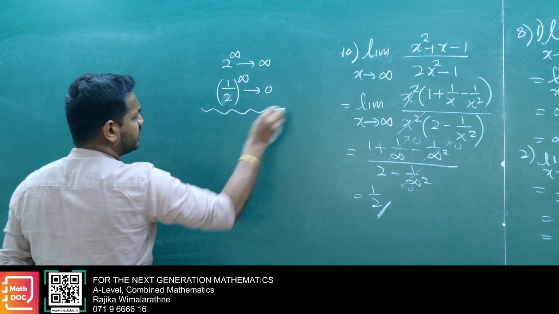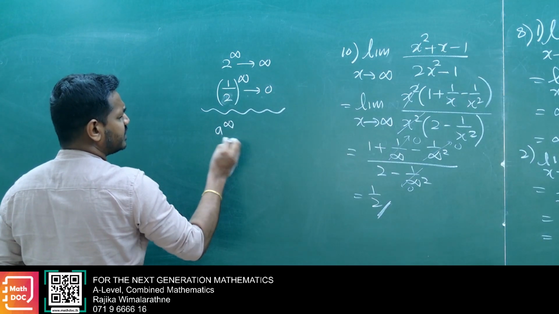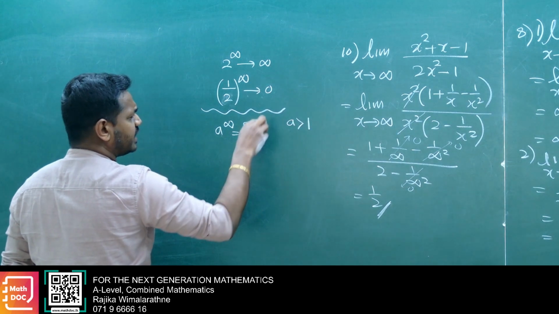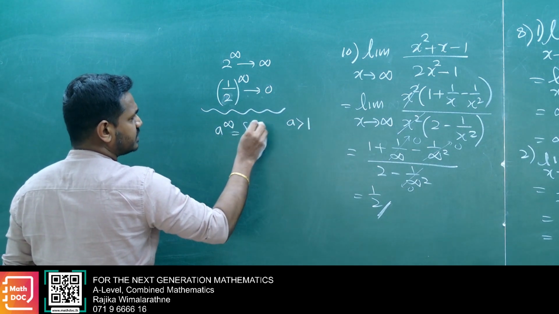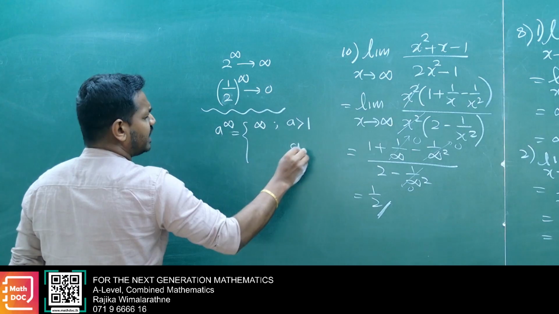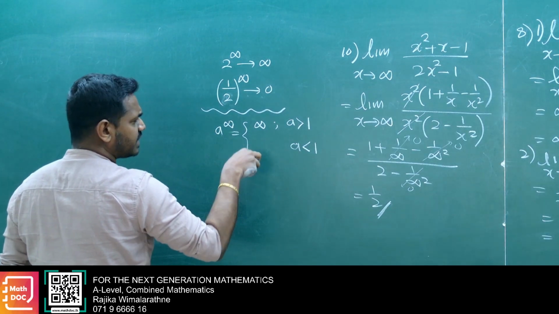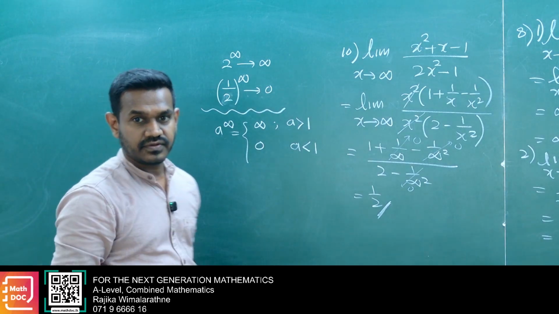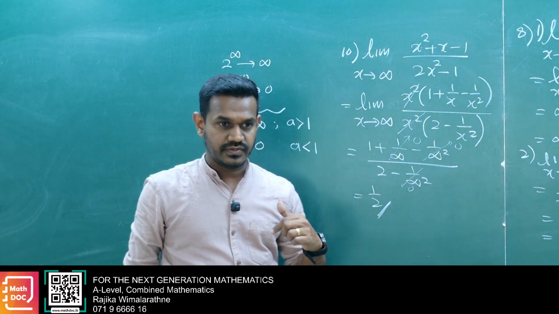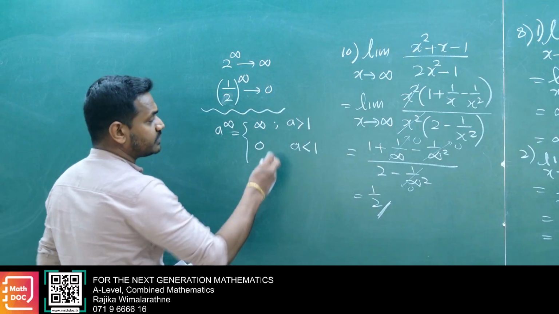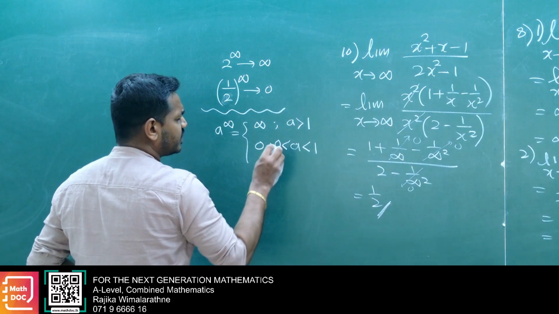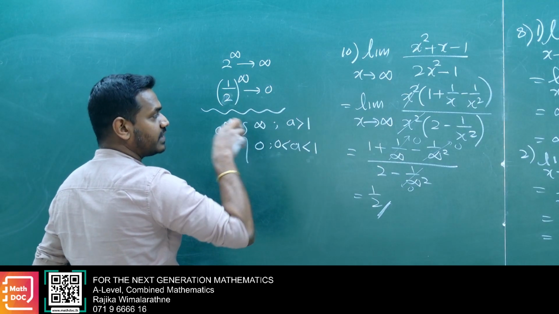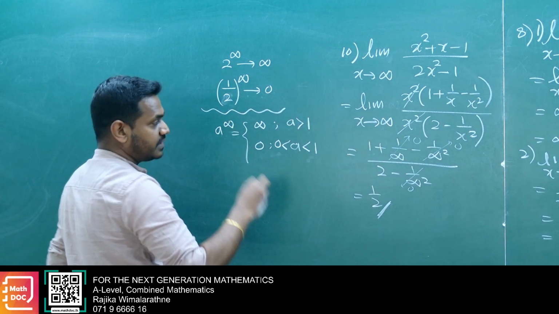Again check: a to the power infinity, for a greater than 1, the answer is infinity. For a less than 1, the answer is 0. Fractions mean values less than 1, positive values between 0 and 1, and we get answer 0. For values greater than 1, we get answer infinity.